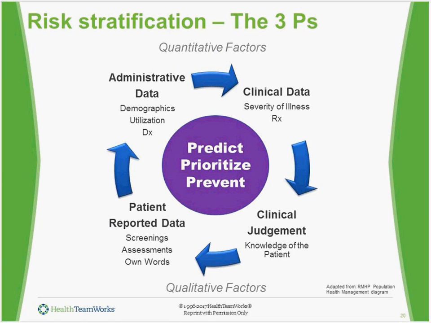We should be using administrative data, like demographics, utilization and claims data, number of diagnoses, and things like that. We should use clinical data, so not only how many diagnoses a patient might have, but how severe is their illness, how many prescriptions are they on, so more levels of data besides just the administrative data.